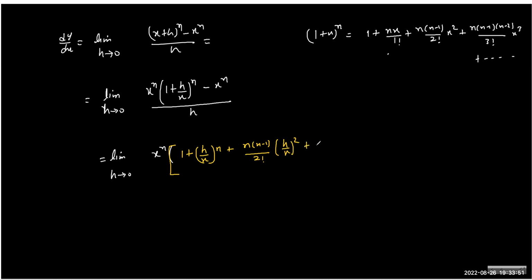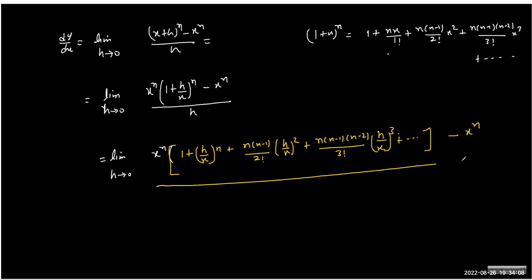And then I'll get minus x power n and upon h. And I hope you can see something gets cancelled. The 1 gets cancelled, right? Do you realize this?